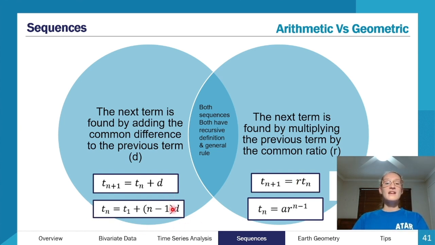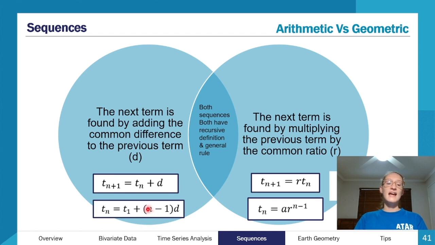This formula here is our general rule, or our explicit definition of our arithmetic sequence. Because if, for example, I said find term 37, you're probably not going to want to use recursion to calculate all the way to term 37, because that would take up your whole exam time and be super boring. You're probably going to want to find a way where you can skip straight to term 37, which is what you could do here.